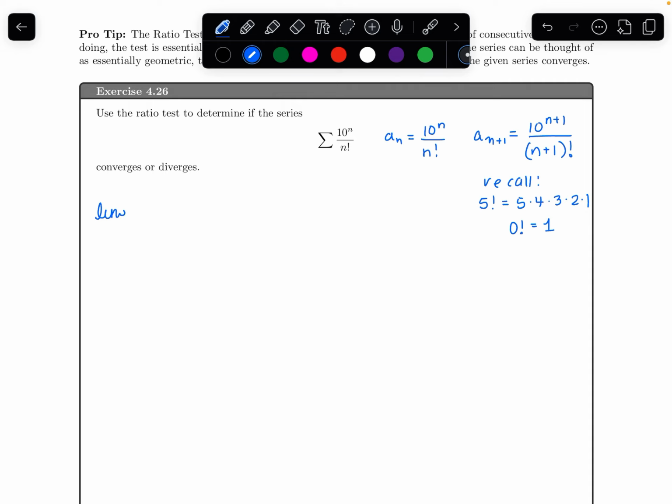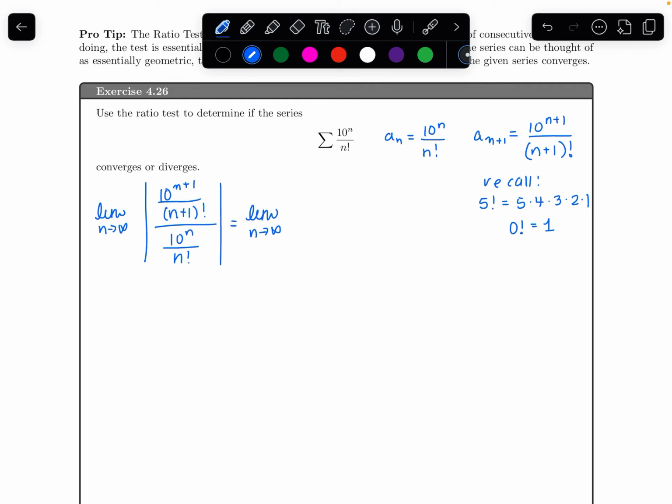I have the limit as n goes to infinity of 10 to the n plus 1 over n plus 1 factorial divided by 10 to the n over n factorial. Again, we have another example of exponentials and factorials.